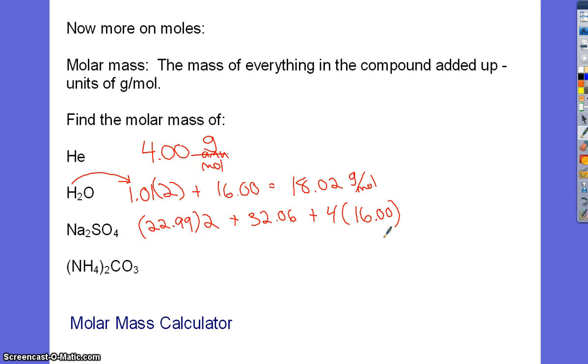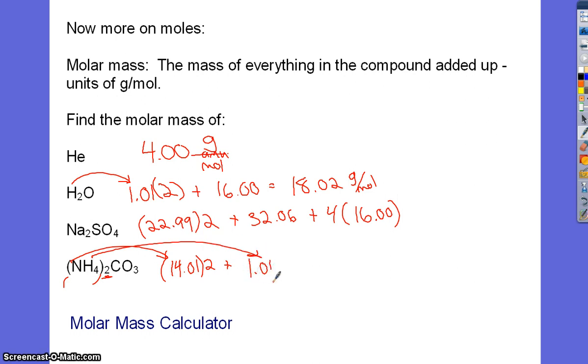For ammonium carbonate, because of the 2 in the parentheses, we have to be really careful. Nitrogen is 14.01. It's inside the parentheses, and there's a 2 outside the parentheses, so there are 2 nitrogens. Hydrogen is 1.01.